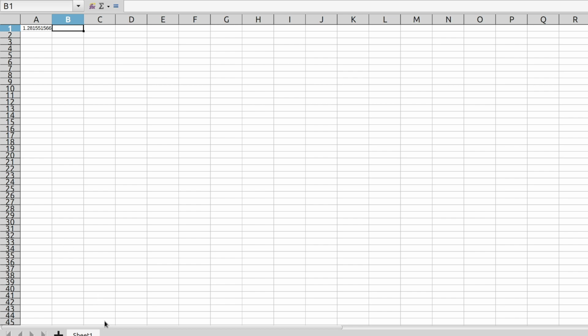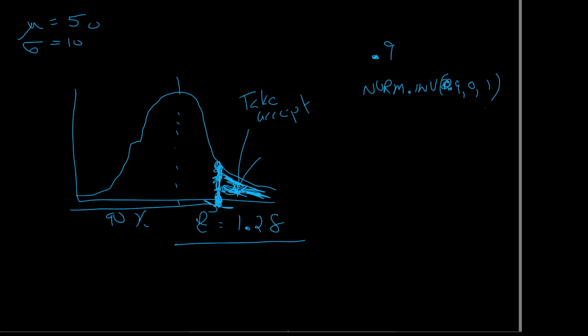I'm going to keep 4 decimal places. The book might keep less, I think the book only keeps 2 decimal places, so I'll do the same as the book for right now. So the z-score is 1.28, keeping the same as the book.